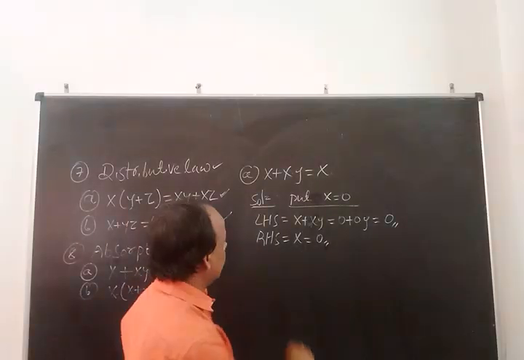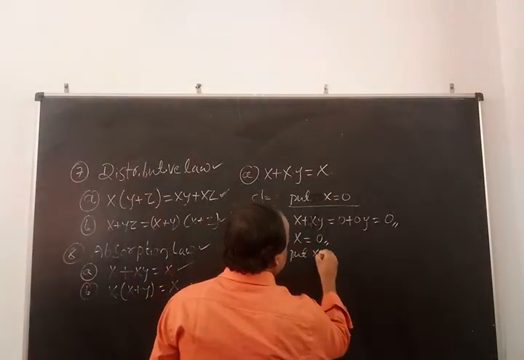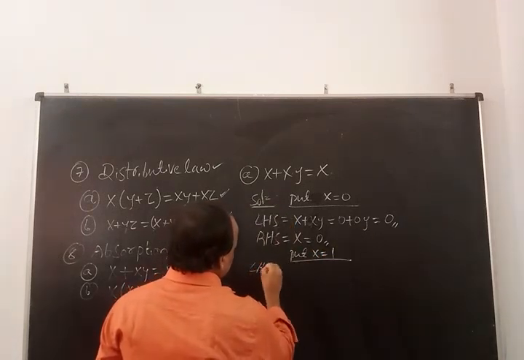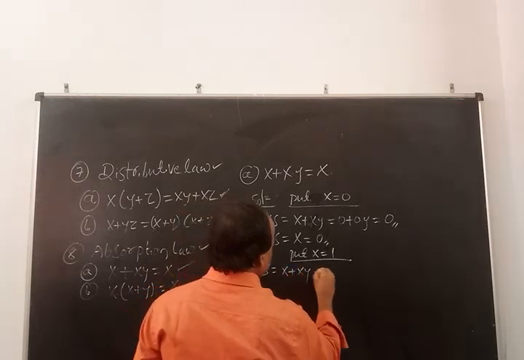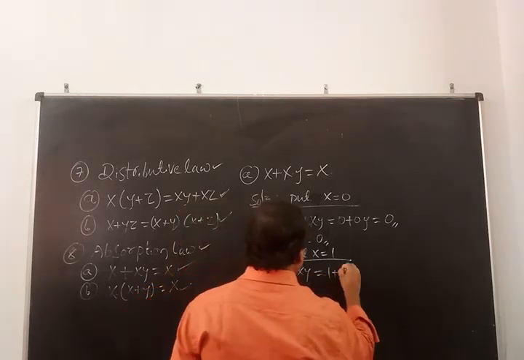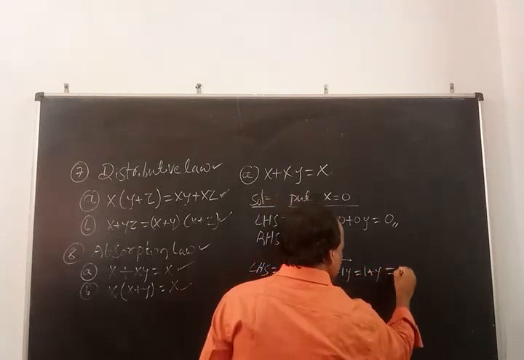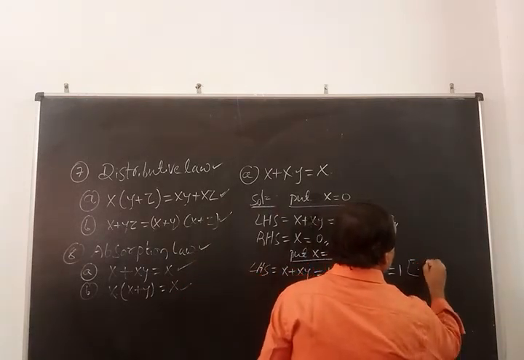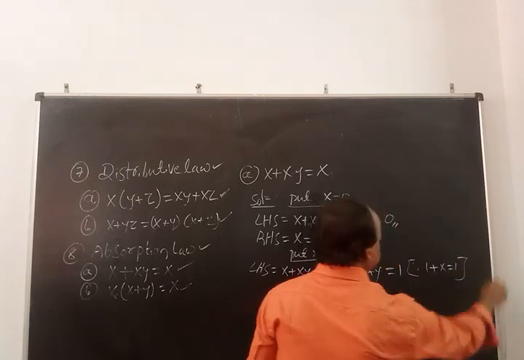Now check the LHS and RHS by putting x is equal to 1. LHS is equal to x plus xy is equal to 1 plus 1 into y is equal to 1 plus y is equal to 1. Because of the properties of 0 and 1, 1 plus x is equal to 1.